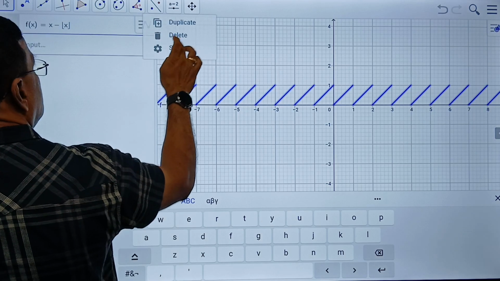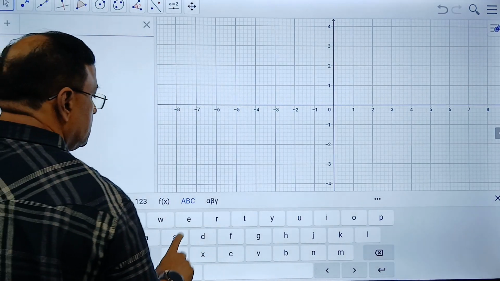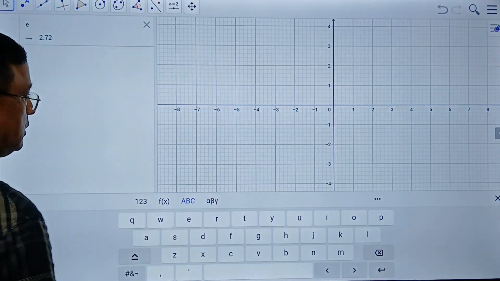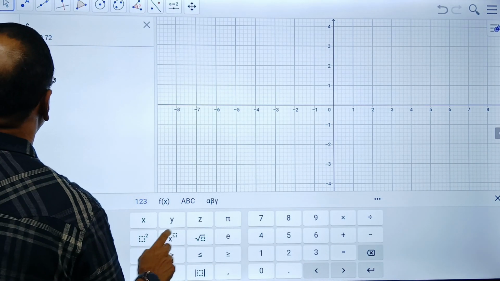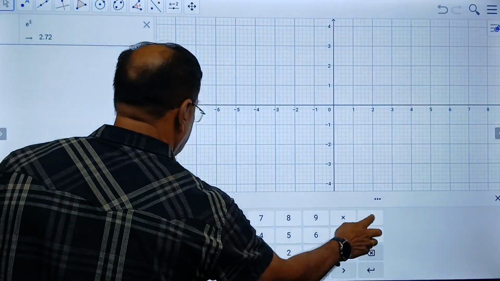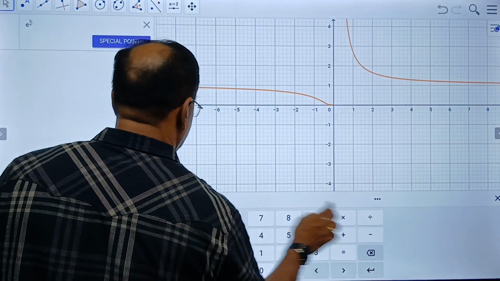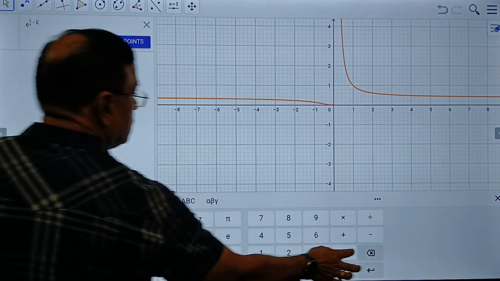First, what I will do, I will delete this. Let me go to this. So it is e to the power 1 divided by x minus 1.